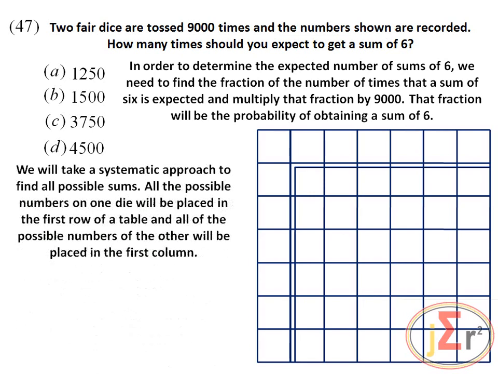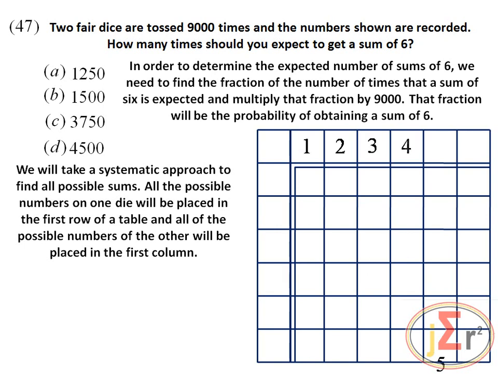What will we do? We will take a systematic approach to find all possible sums, because we need all possible sums and we need the number of sums of 6. All the possible numbers on one die will be placed in the first row of the table, and all of the possible numbers of the other die will be placed in the first column. So we will put the numbers in.